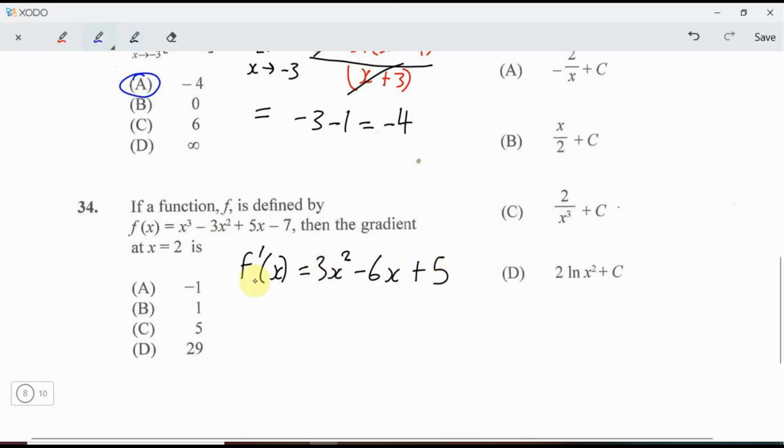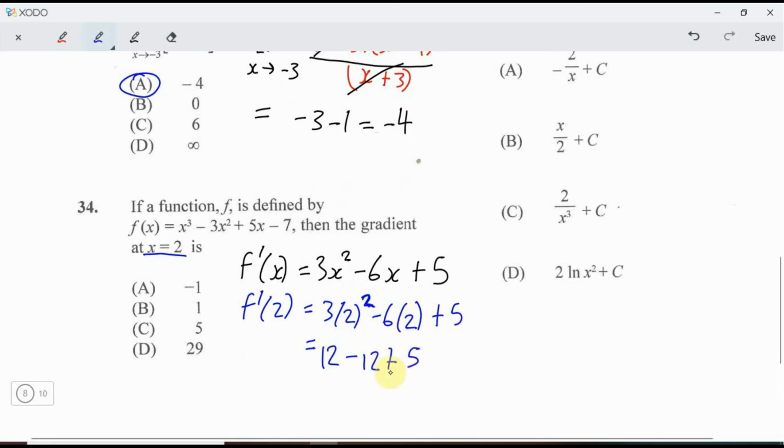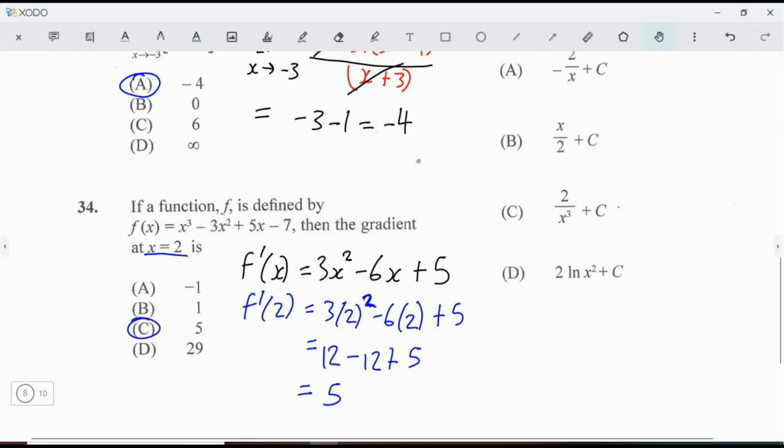Now to find the gradient, you input x as 2. So f prime of 2 is 3 times 2 squared minus 6 times 2 plus 5. Now 2 squared is 4. 4 times 3 is 12, minus 12 plus 5, which is just 5. That's too easy. Nice.